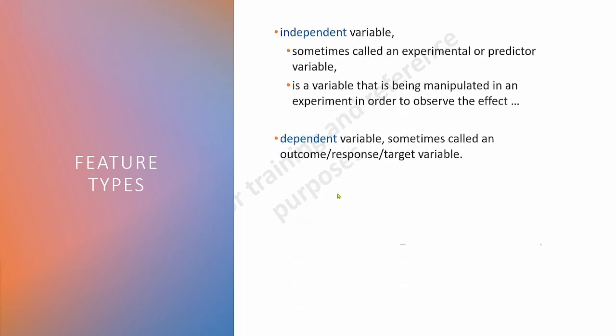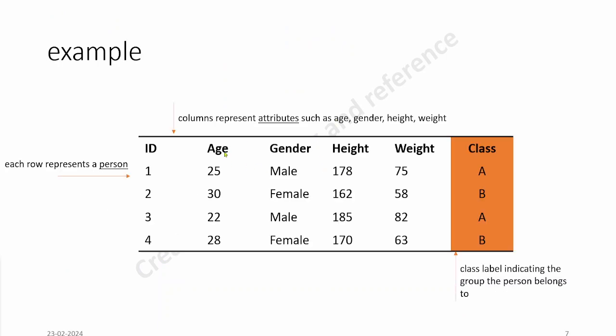So, just a quick understanding of features in terms of independent and dependent variables. In machine learning, whenever we have columns, for example, here we were talking about columns like age, gender, height, and weight, these are independent columns, and the class that you have, which is basically the label, would be a dependent column.